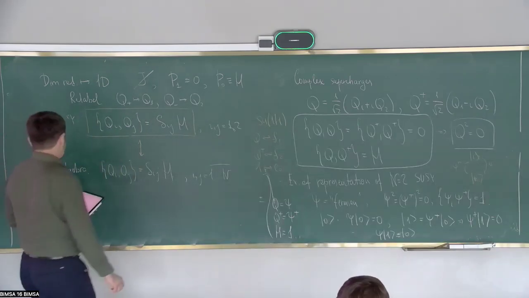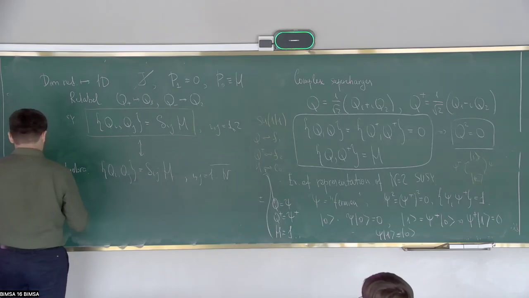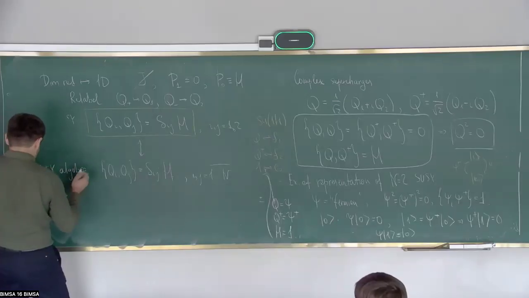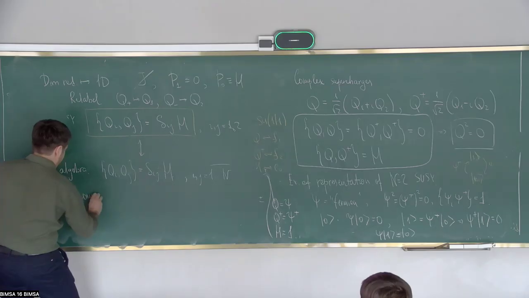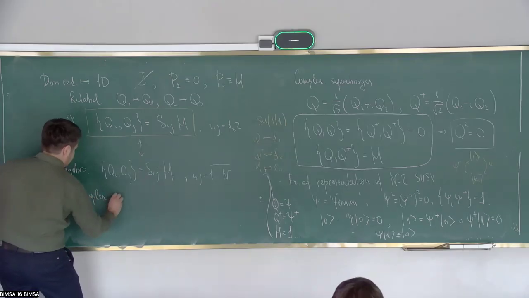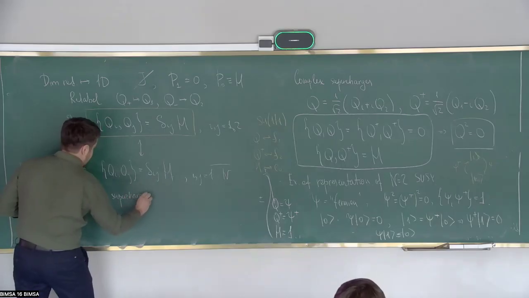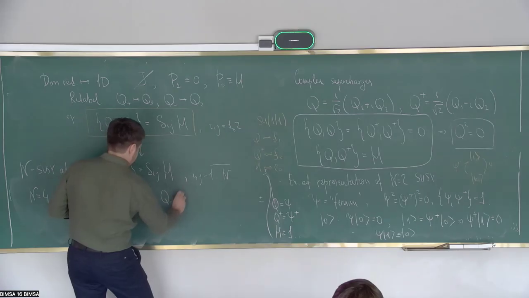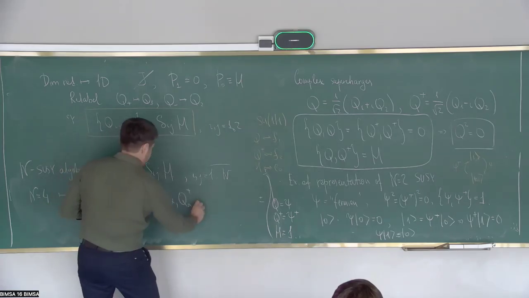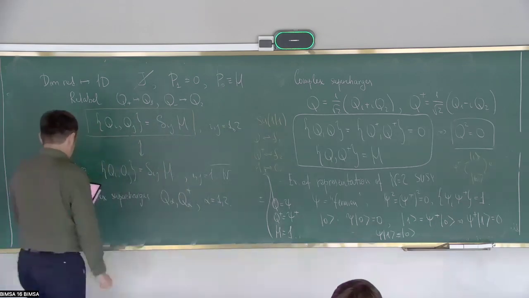So let's separately write out the N = 4 algebra. Here it's useful to pass to a doublet of complex supercharges, Q_α, where α is 1 and 2. Now we have complex supercharges.